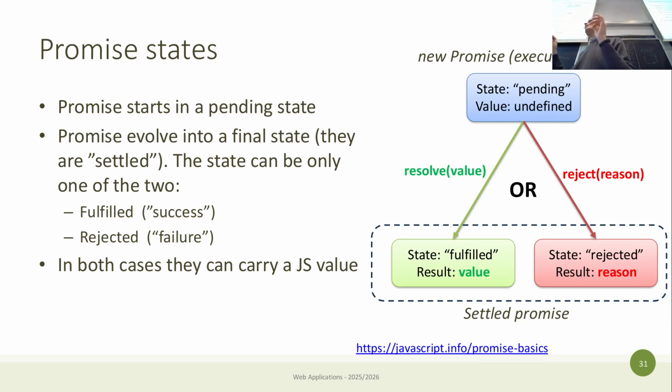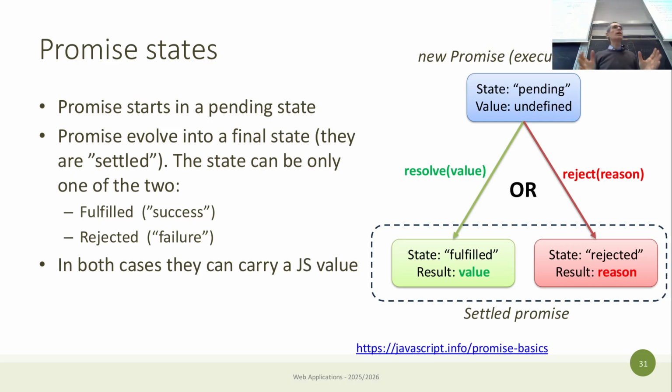So promises have 3 states. A new promise just created always starts in the pending state that you see here, and it has no value because the asynchronous operation has not yet been performed.